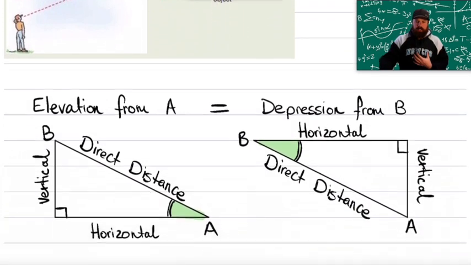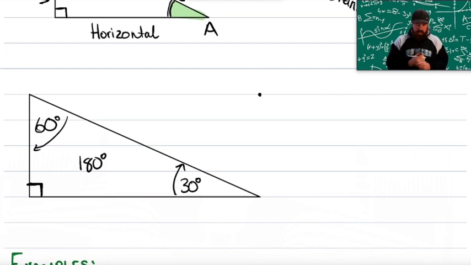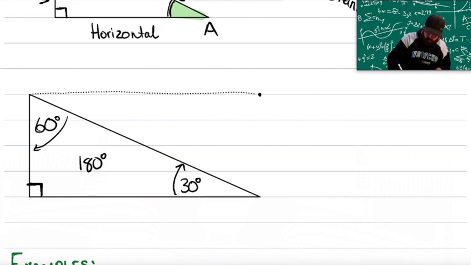All right, let's mathematically prove that. So here I've got my right-angled triangle, and what I'm going to do is complete that rectangle. If I draw my dotted line along here and draw my dotted line down here, you can see now I've completed that rectangle, and there's my right angle.